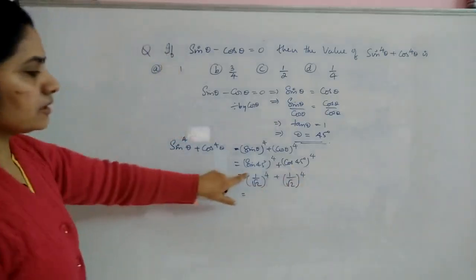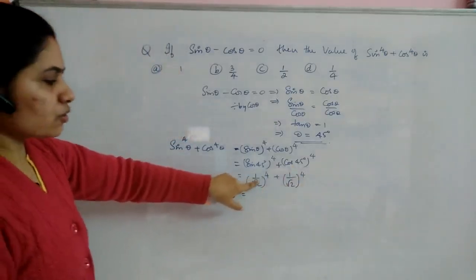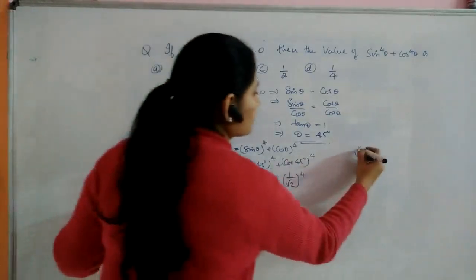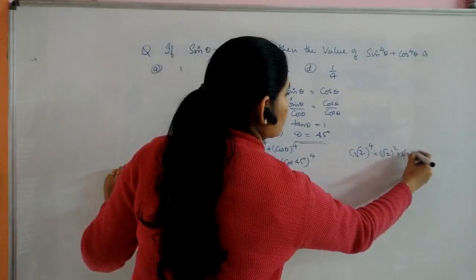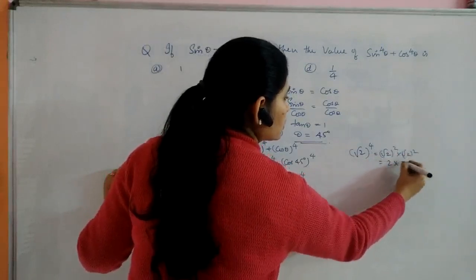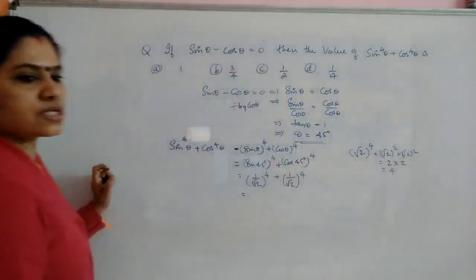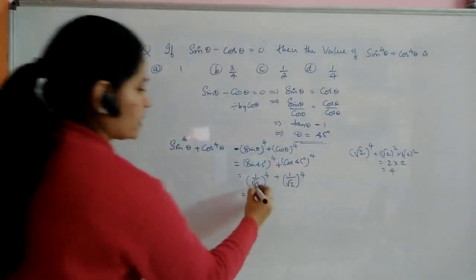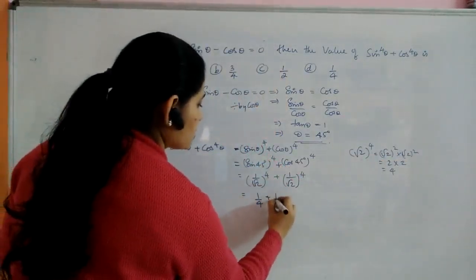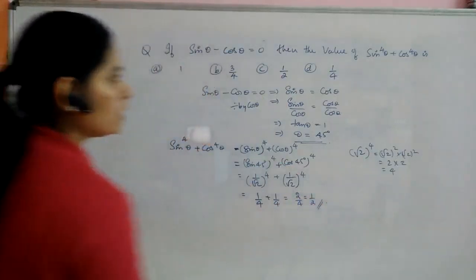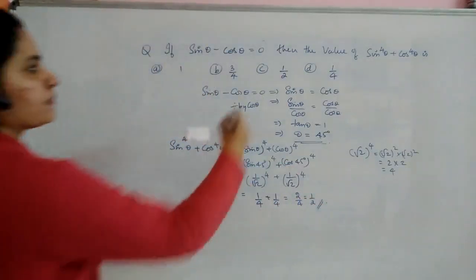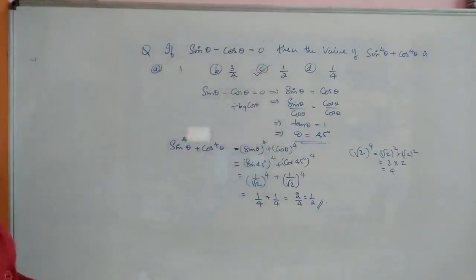What are you getting this as? 1 by root 2 the whole raised to 4 is root 2 whole square into root 2 whole square. Root 2 whole square is 2. This is again 2. So root 2 whole raised to 4 is 4. So you are getting 1 by 4 plus 1 by 4, which is 2 by 4 or 1 by 2. So which option is correct? Option C.